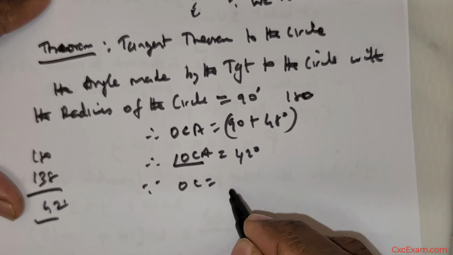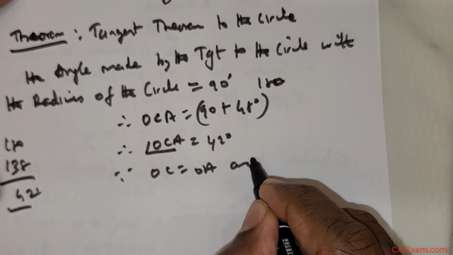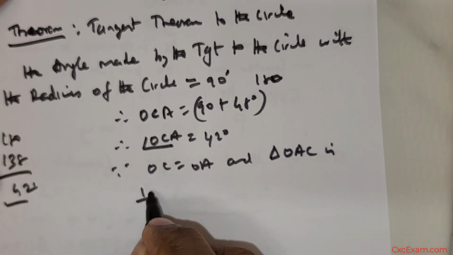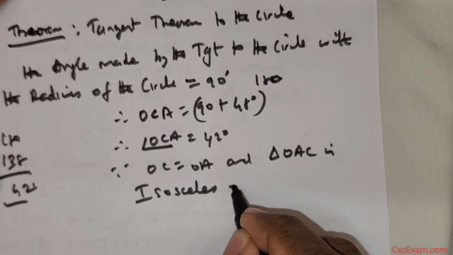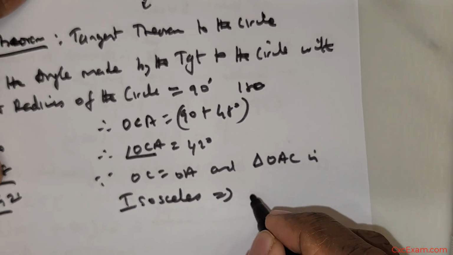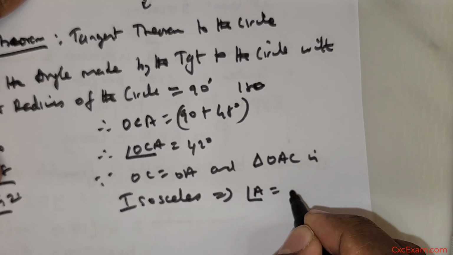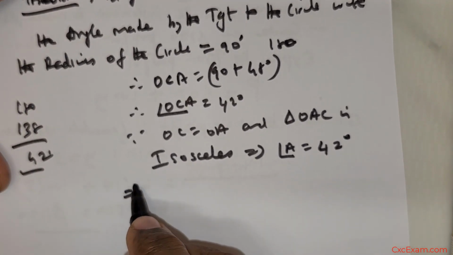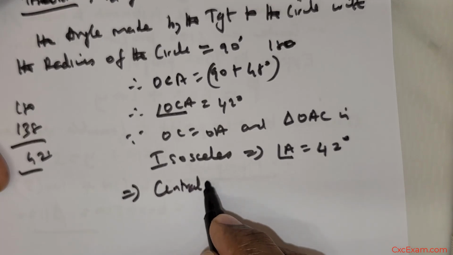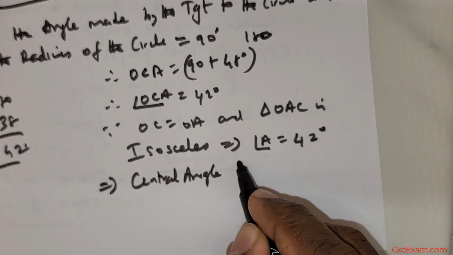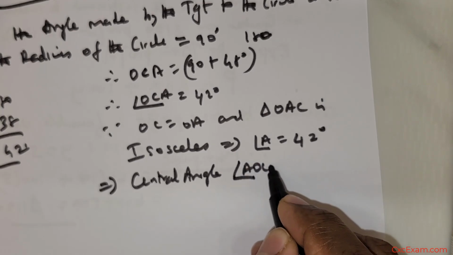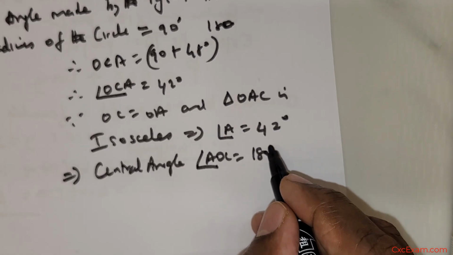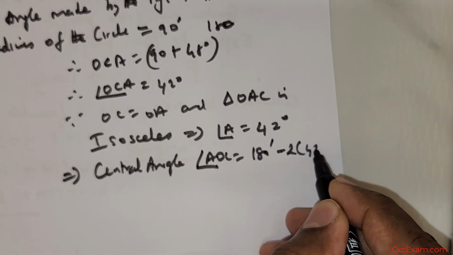Now since OC is equal to OA and triangle OAC is isosceles, this means the angle at A will also be equal to 42 degrees. So this in turn would mean the central angle. What is the central angle? Central angle AOC will be equal to, from 180 degrees you subtract 2 times 42 degrees.